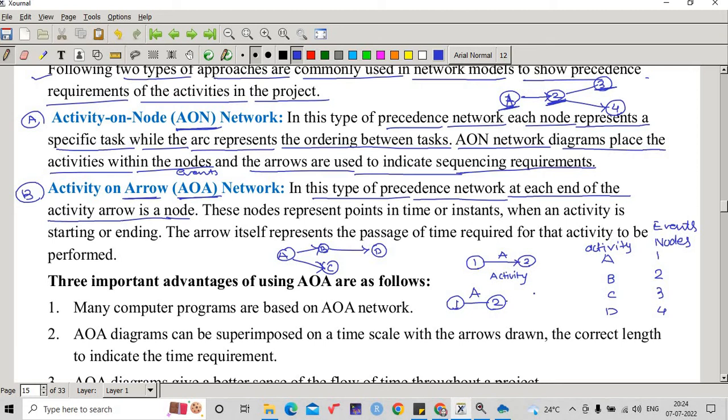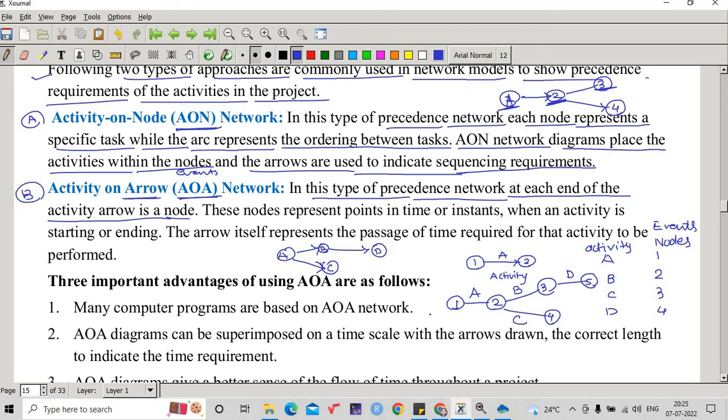Then activity B is noted in this way, activity C is noted in this way on the arrow, then activity D is noted further in this way.